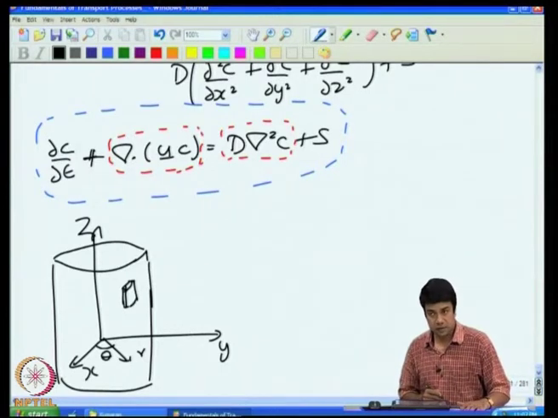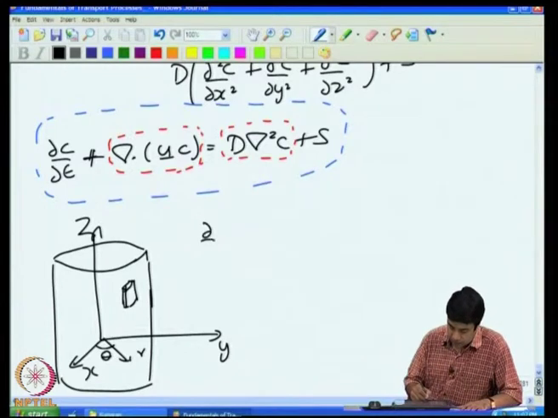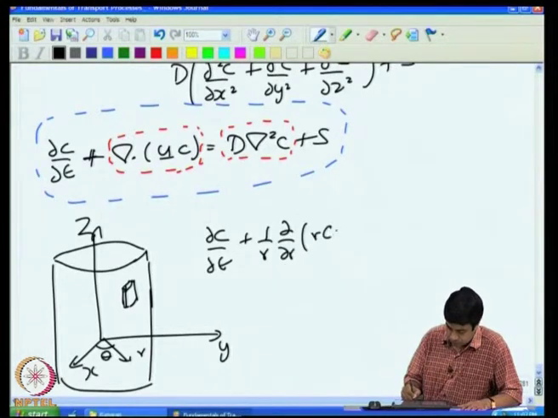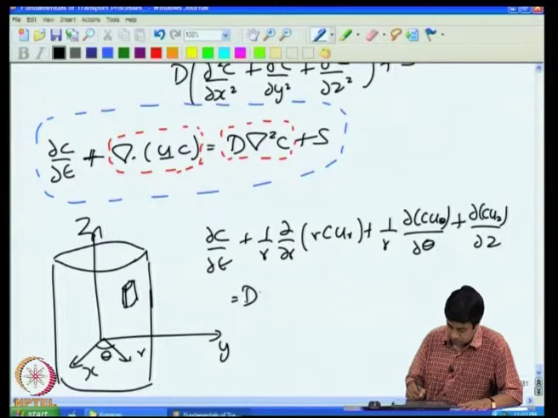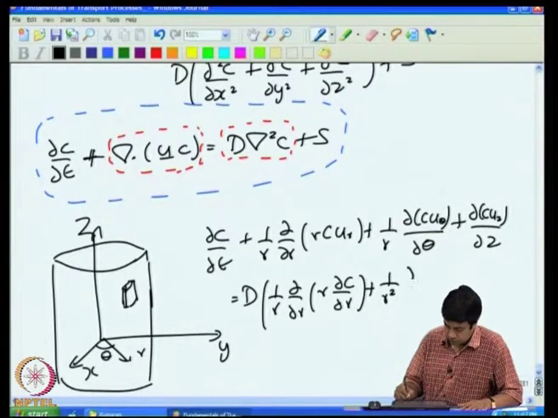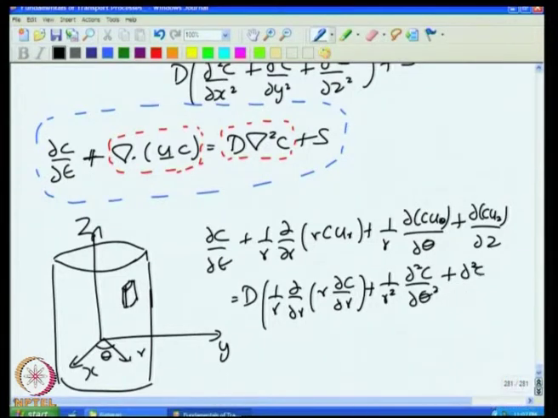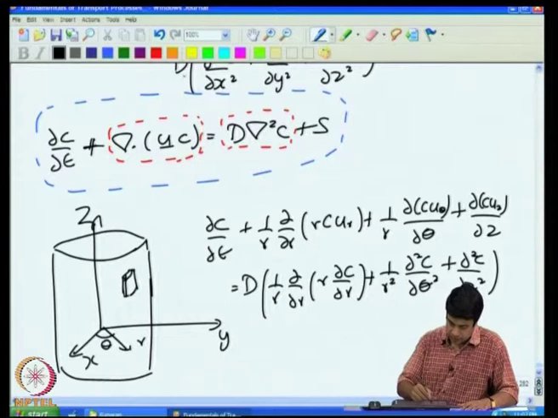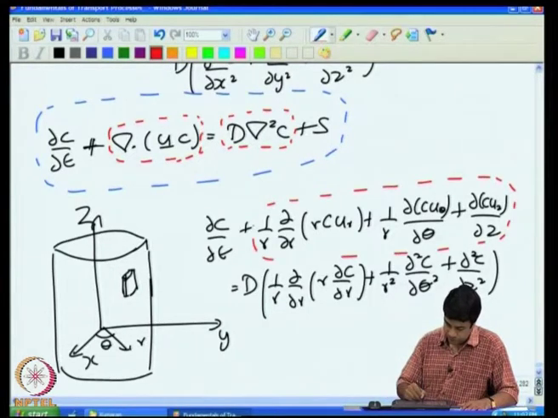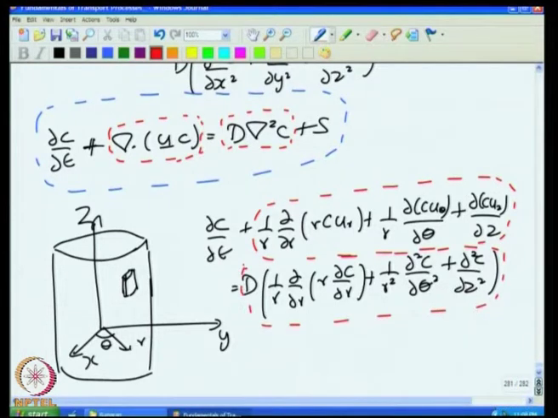If I do this, I will get an equation of the form partial... So, this will be the differential equation where this here is the divergence of velocity times u and this whole thing is d del square of the velocity in the cylindrical coordinate system.